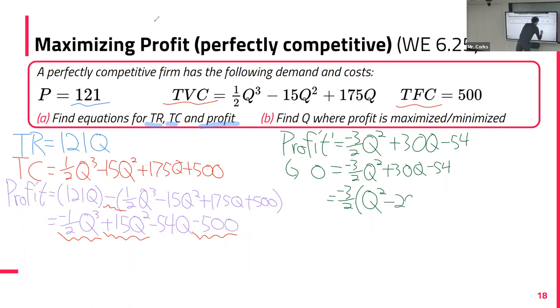And then negative or positive? Positive 36. So since it's a negative term we're factoring out, the signs on each of these are flipping and we're multiplying by 2/3. So 30 times 2 is 60, divided by 3 is 20. Same thing for the 54 there.